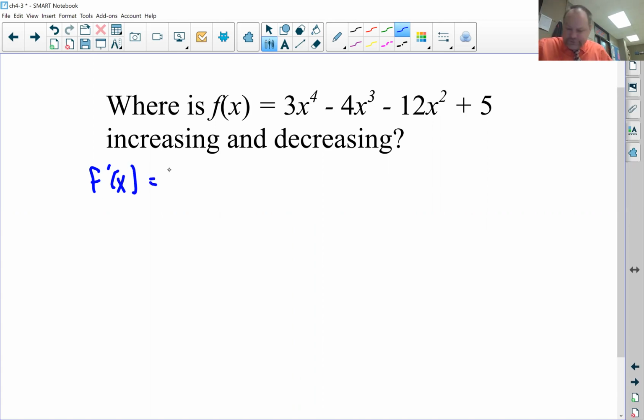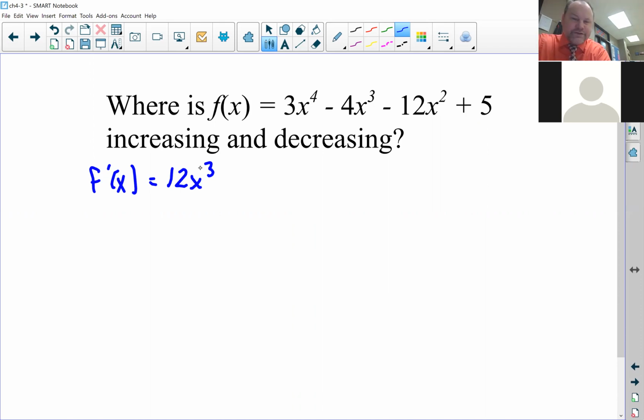All right, so first step, take the derivative. What is the derivative of 3x to the fourth? 12x to the third.